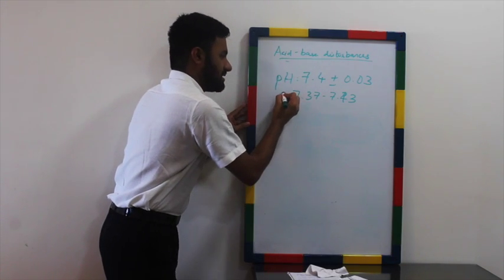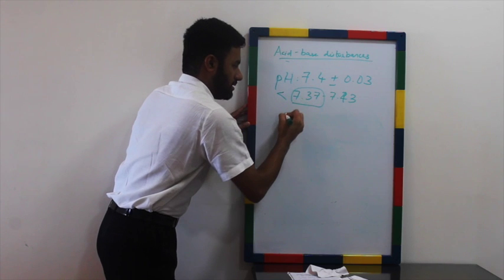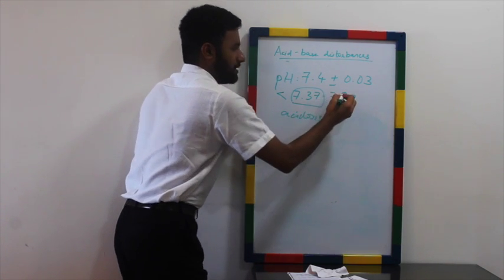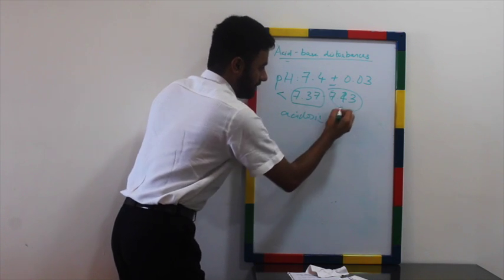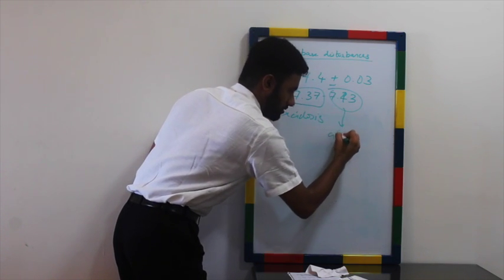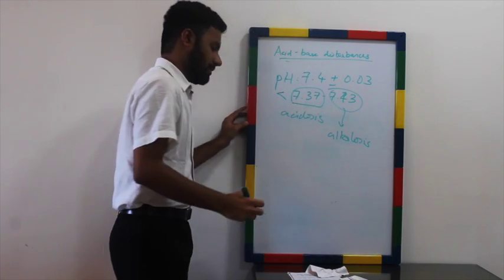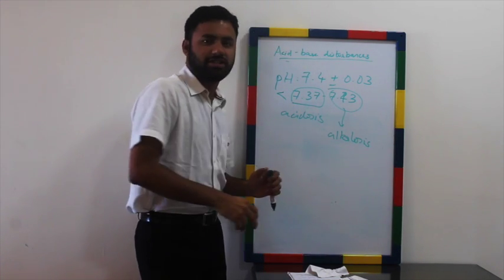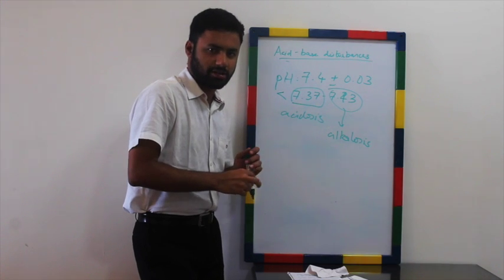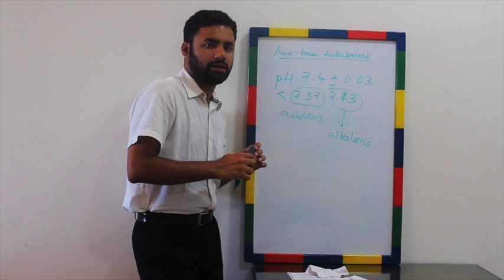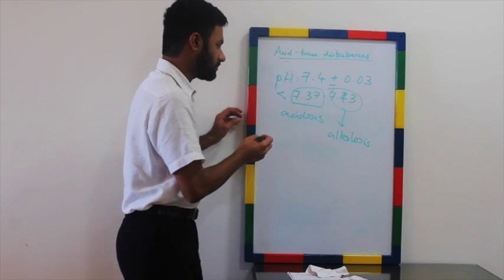A pH of less than 7.37 is called acidosis or acidemia, and a pH of greater than 7.43 is called alkalosis. Now, based on the primary change in PCO2 and pH and bicarbonate, you have the following conditions.